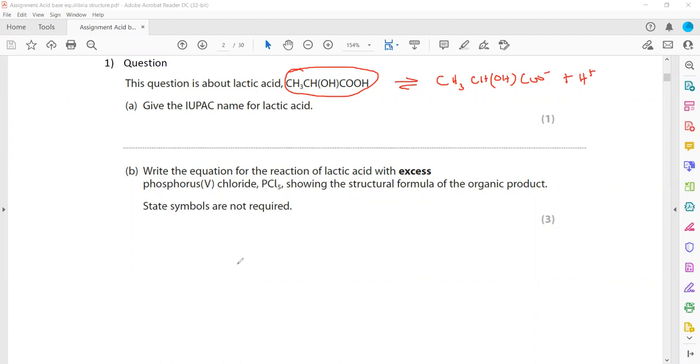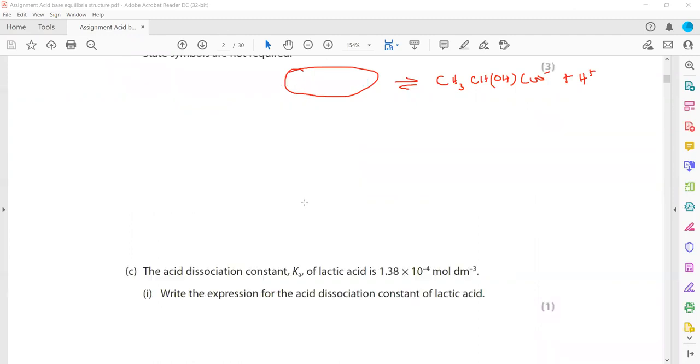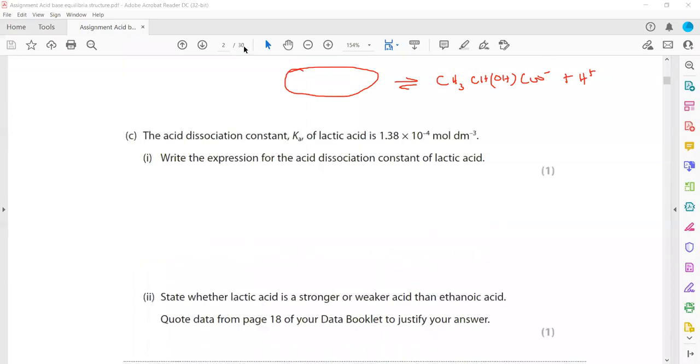When we write the dissociation constant Ka, that is product divided by reactant.